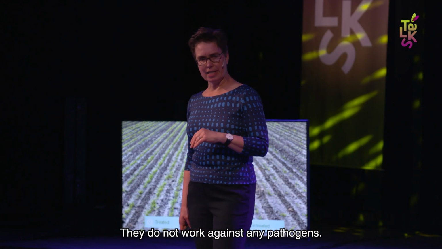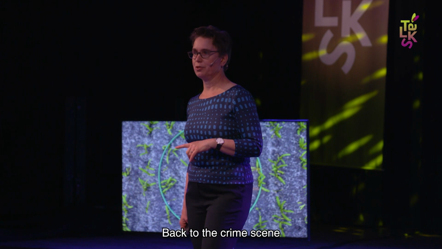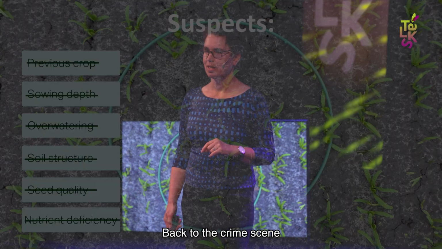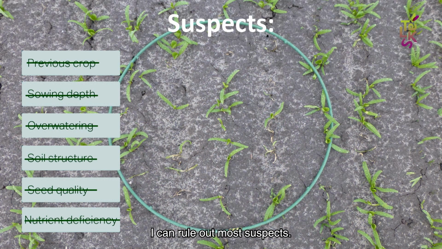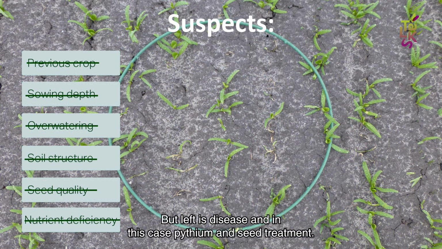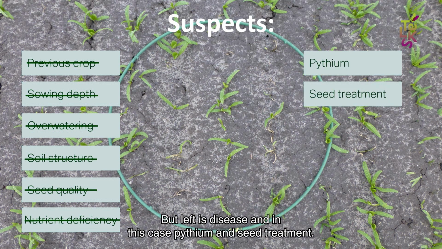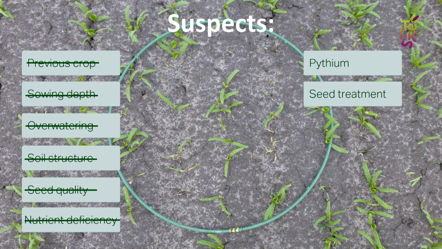It does not work against any pathogens. Back to the crime scene. I can rule out most suspects: previous crop, overwatering, seed quality, sowing depth, soil structure. But left is disease, in this case Pythium, and seed treatment.